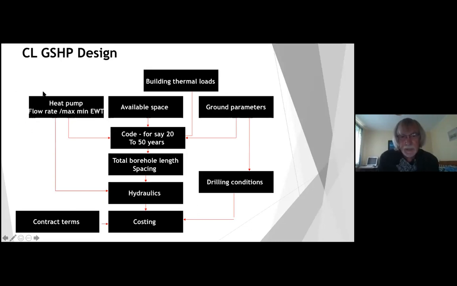The point being that you can do all this other exercise up here, but if you neglect this part here, you potentially undo all the good work that you've done in designing and coming up with the amount of ground loop length, whether that be the number of boreholes, the number of ground loops in a trench system, or even loops for a closed-loop lake system.